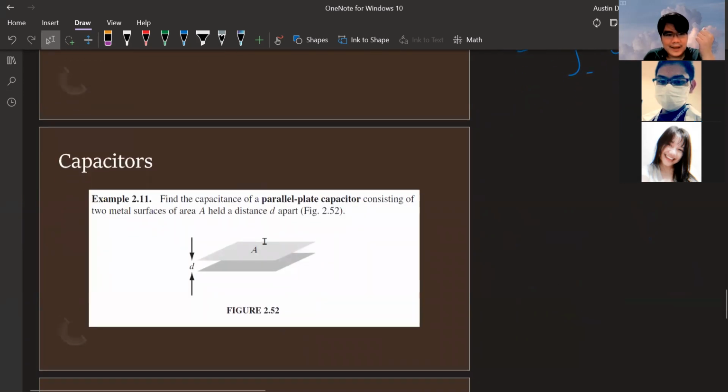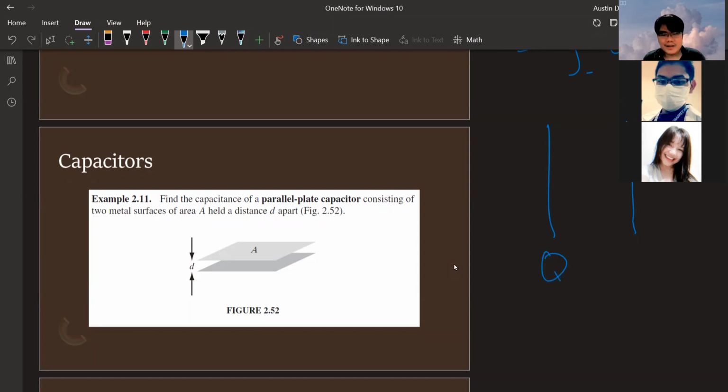Okay. So, gawin natin to. Example. Siyempre, parang hirap naman yun, sir, para wala tayong example. Okay. So, may parallel plate capacitor consisting of 2 metal surfaces of area A held a distance D apart. Itatayo ko lang muna to, no? Tayo ko sila. Then, suppose, baliktarin ko naman yung system, no?